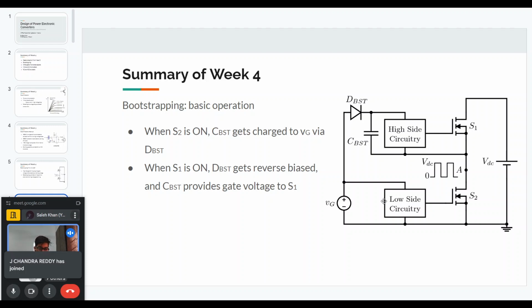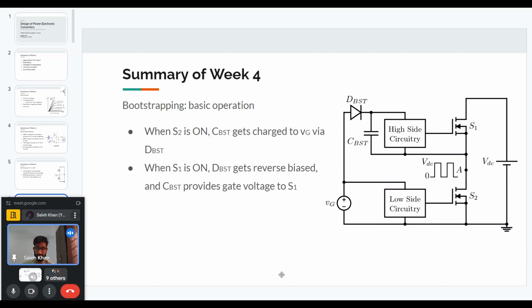So I hope the path of the charging is clear. And the discharging path will be through the high side circuitry. It will go to the gate, and there will be the gate resistance and everything here.